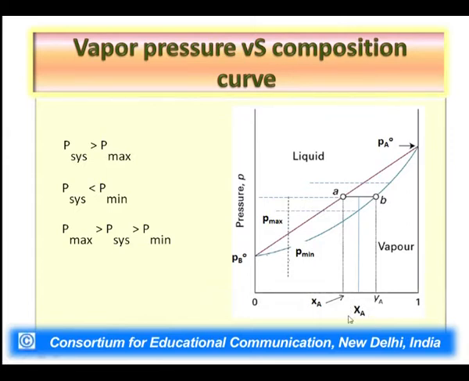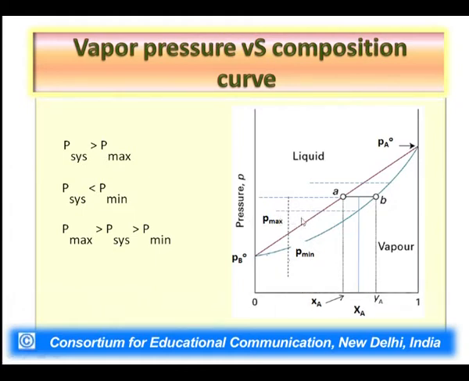Capital Xa actually represents the mole fraction of component A in the overall system. This purple curve is the locus of all points which are the state points of the system at which a liquid phase starts to come at equilibrium.